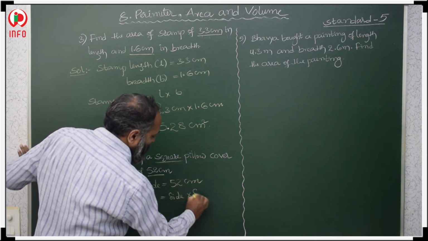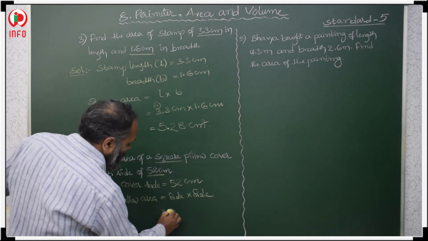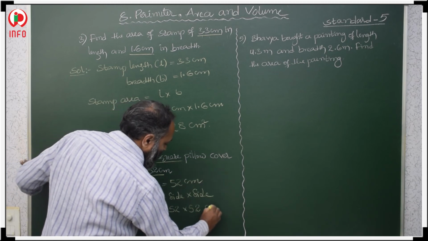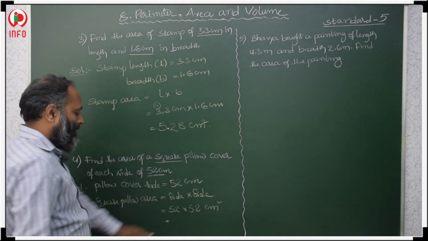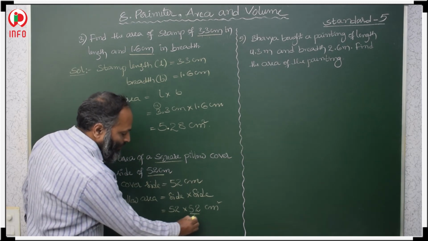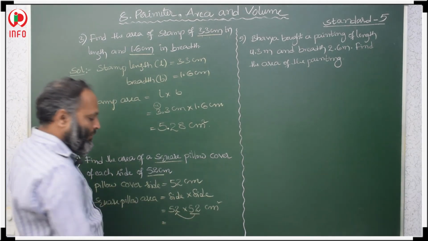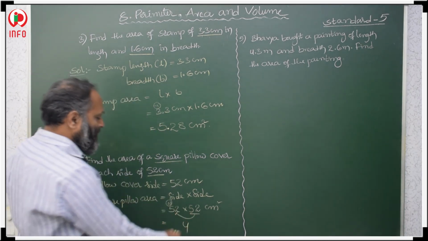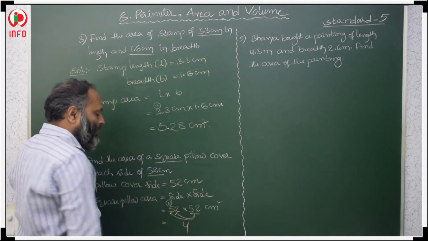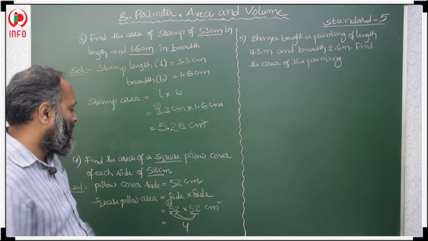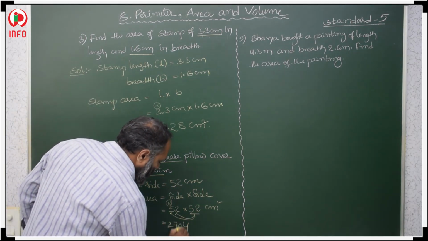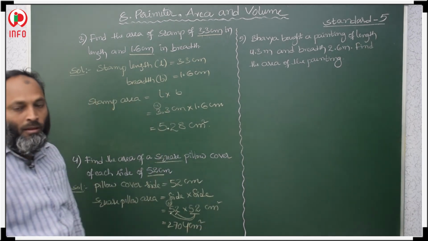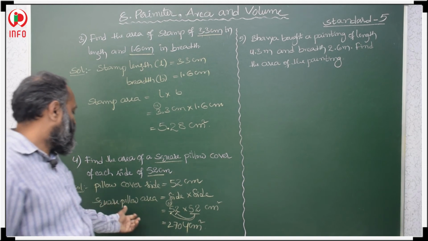This is in square, no? So, square formula we have to take, that is side into side, that is 52 into 52. Centimeter square we have to write. Now, 52 2s are 104, 4 here, 10 we have to take carry over on 5. 52 5s are 260, 260 10 270, 270. The total is 2704 centimeter square. Okay. So, this is the square pillow area.